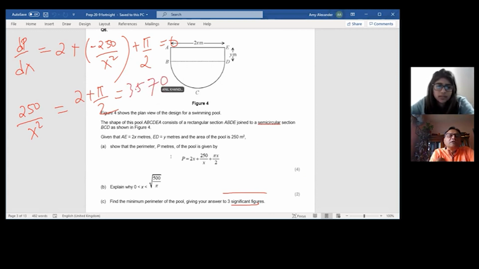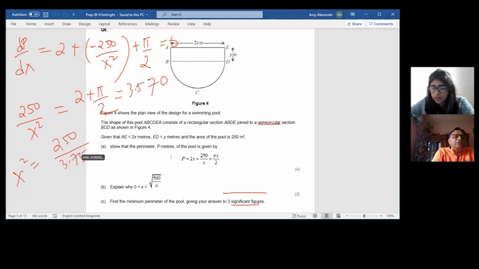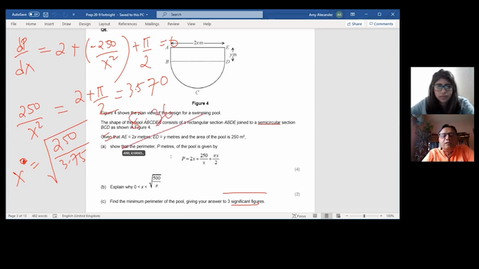3.57. So x squared is equal to 250 over 3.57, so x will be the square root of this. Find the square root: 8.36. So 8.36 is the value of x, but you need to find the minimum perimeter.